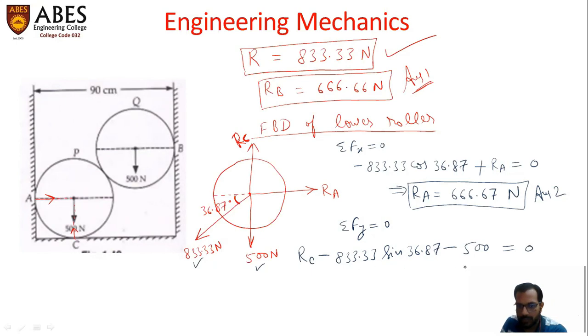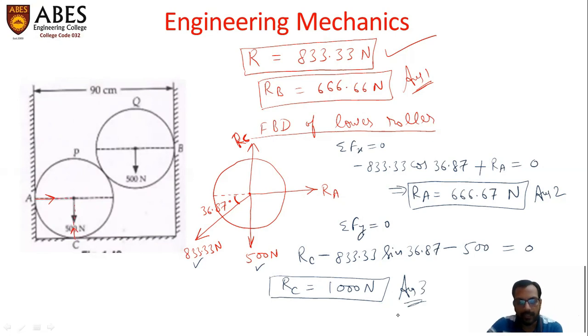From this, we can calculate the value of RC. By calculation, RC is equal to 1000 newtons. So this is our third answer.